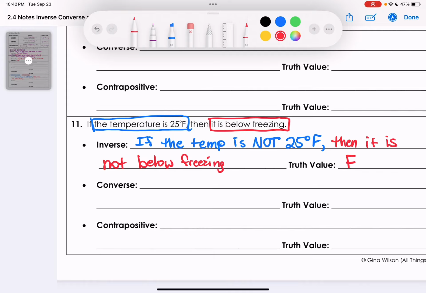So my counterexample, I'm going to say, is that it could be 26 degrees and be below freezing. It could be 27. It could be 0.